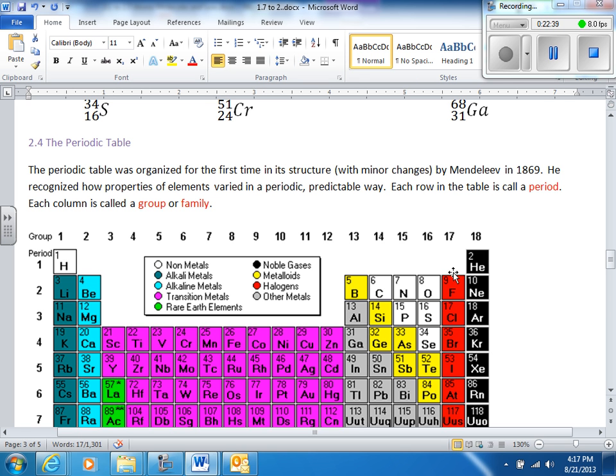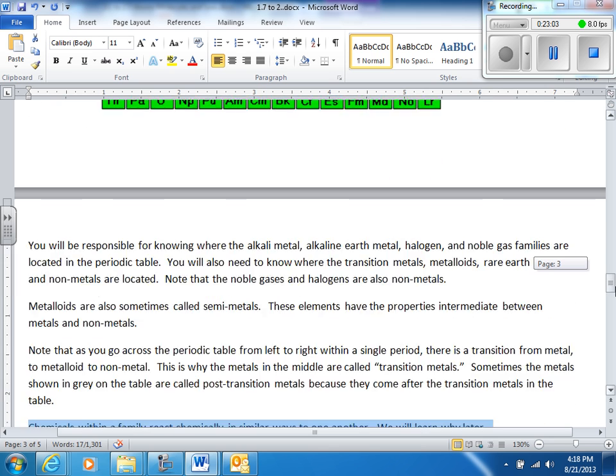You just need to know that if fluorine reacts a certain way with beryllium in a certain ratio, chlorine should react in the same way. However, oxygen and beryllium react. Sulfur and beryllium should react similarly. Magnesium and sulfur should act similarly to beryllium and oxygen because these two are in the same family and these two are in the same family. So families react similarly to one another.